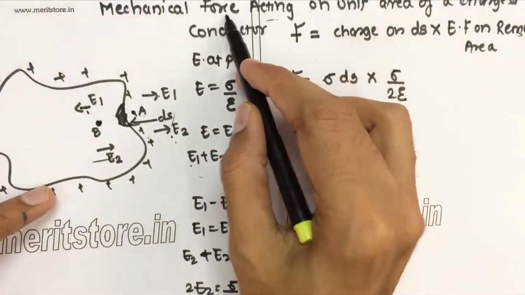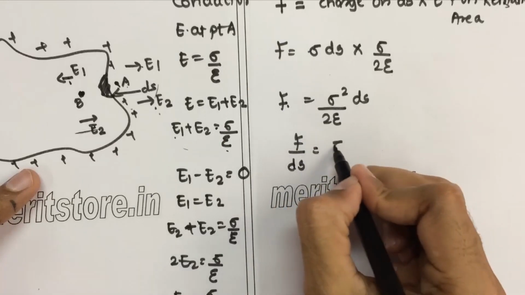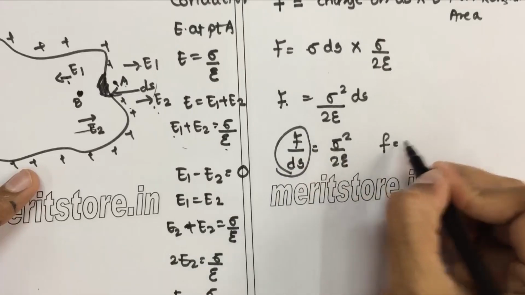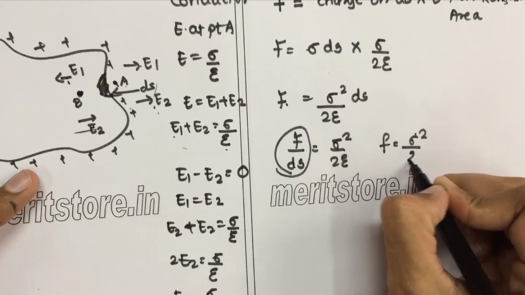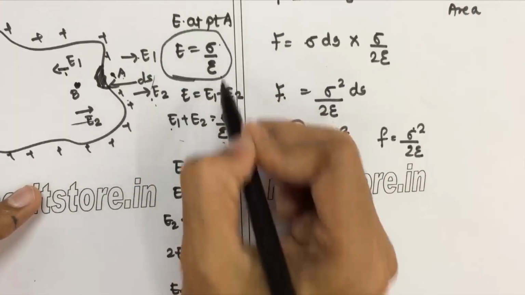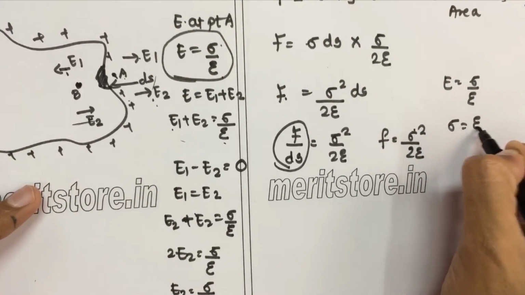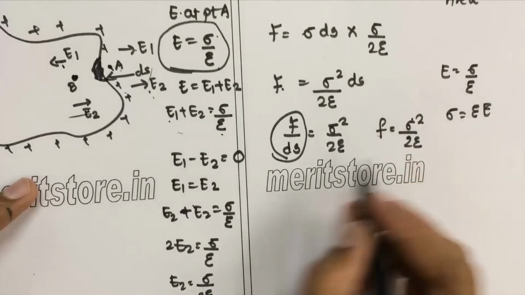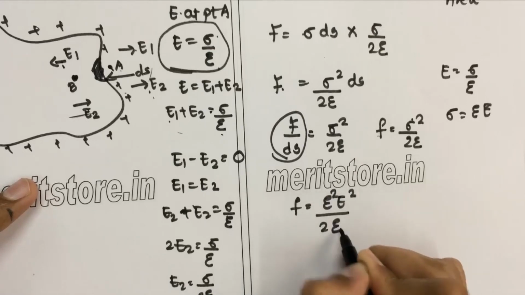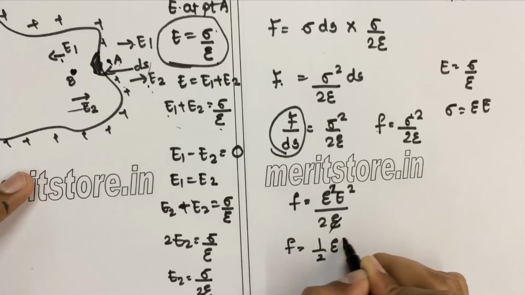Now we are supposed to find the force acting per unit area, so the force upon the area ds becomes sigma square upon 2 epsilon. This F upon ds we take as a small f, which equals sigma square upon 2 epsilon. For this sigma square, we have the equation E equals sigma upon epsilon, so sigma equals epsilon naught E. If you place this here, you get epsilon naught E square upon 2 epsilon, and the epsilon cancels, so you get half epsilon E square.